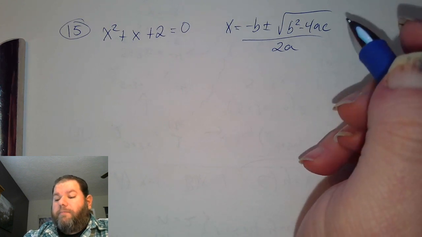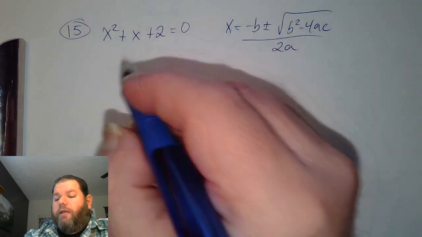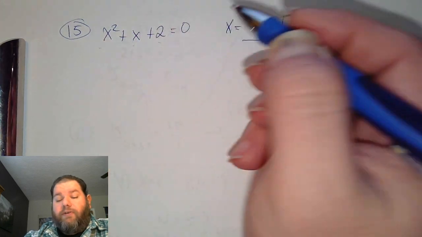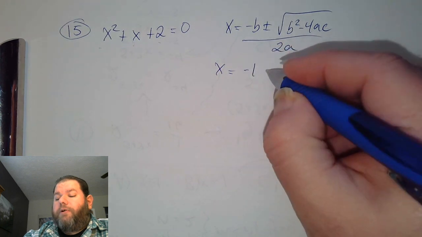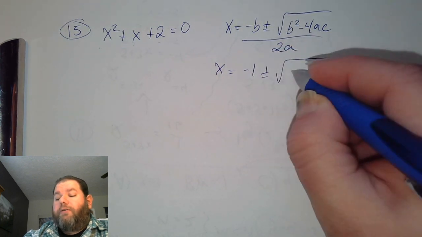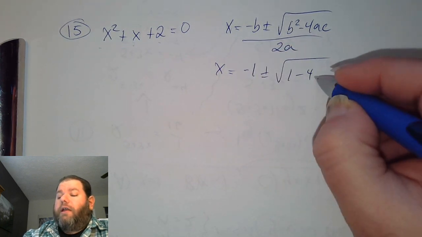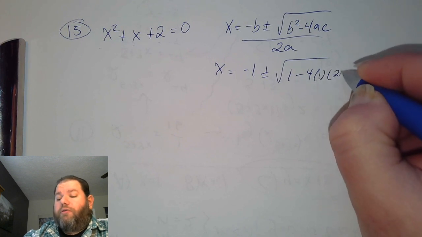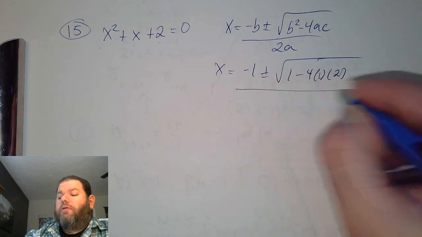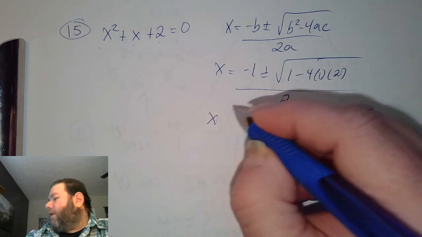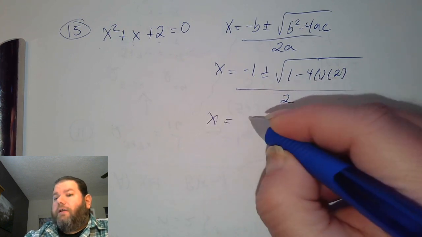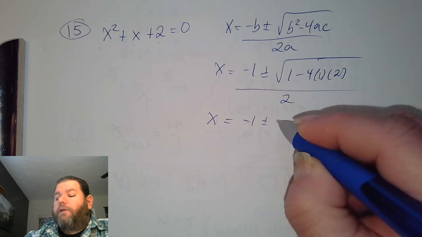Okay, so A is 1, B is 1, C is 2. Pretty straightforward. So minus 1, B squared is 1, A is 1, C is 2, and then 2 times A is 2. So we get x is negative 1 plus or minus.